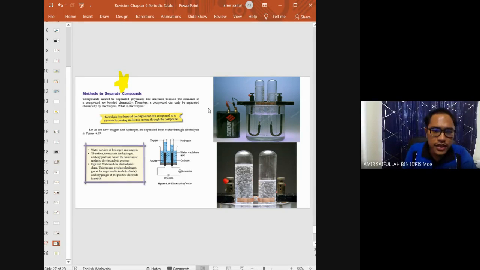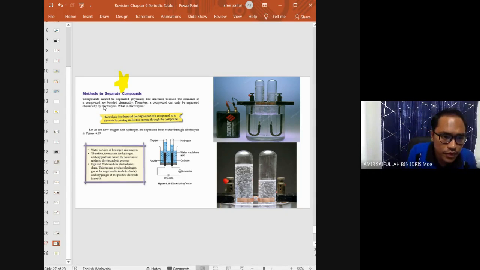Okay, just now we already learned six methods of separation in a mixture. A mixture can be easily separated using a magnet, filtration, distillation, very easy. But to separate a compound, it requires more energy. So you need to use electricity to give them the energy so that they can separate from each other.